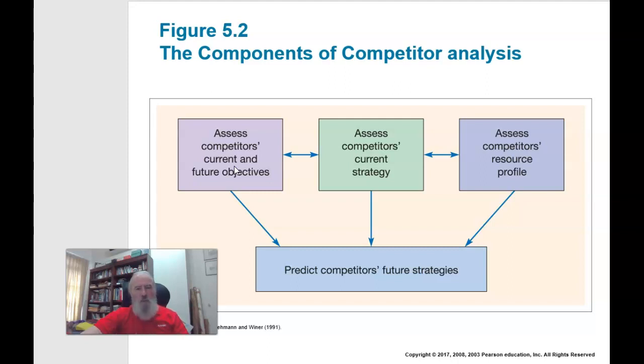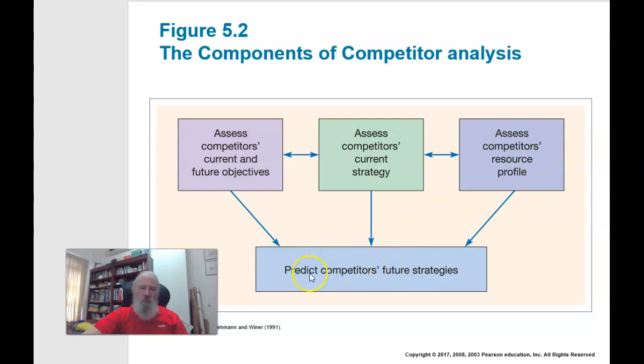So assess their current objective, which you can get from mission statement, vision statement, statements to the press, websites, all sorts of places. And they may also tell you what their future objectives are. Excellent. So you now know what their objective is.